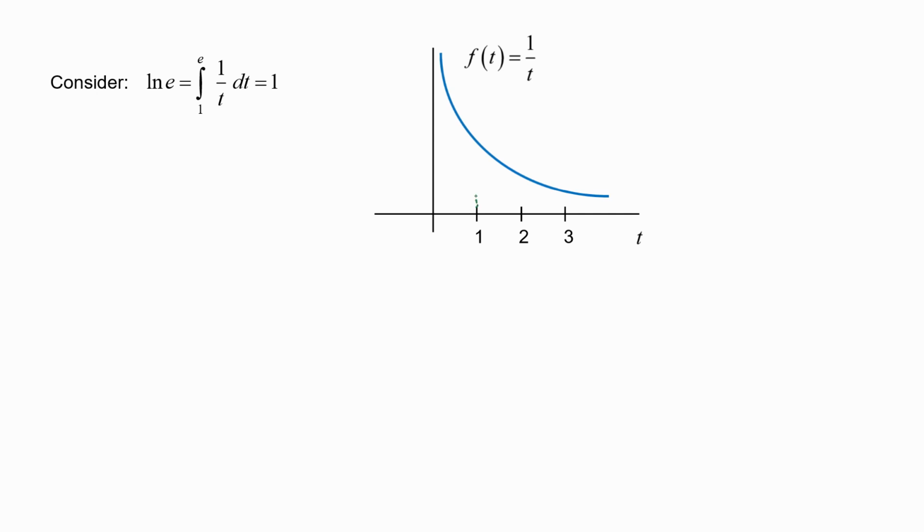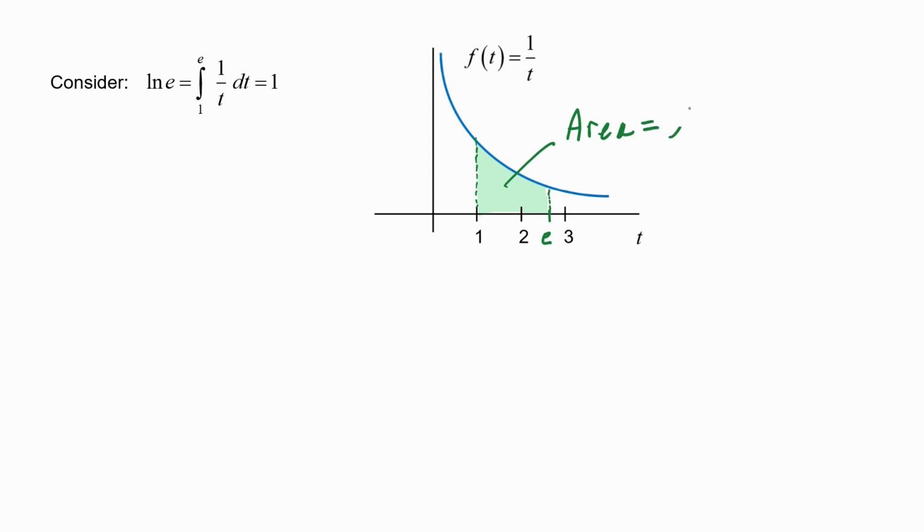So if we look at that on the picture here, we know e is right around here, about 2.7. And that means that when we integrate from 1 to e, we are getting this area, and that area is exactly equal to 1.